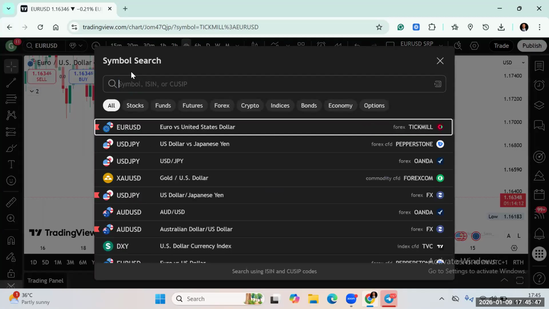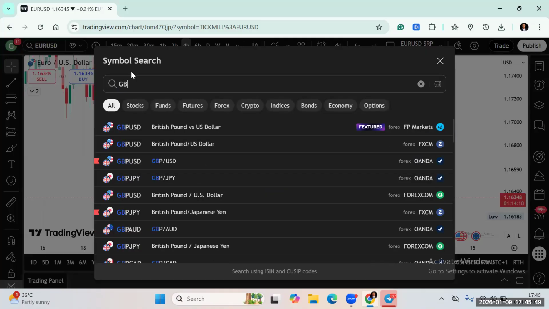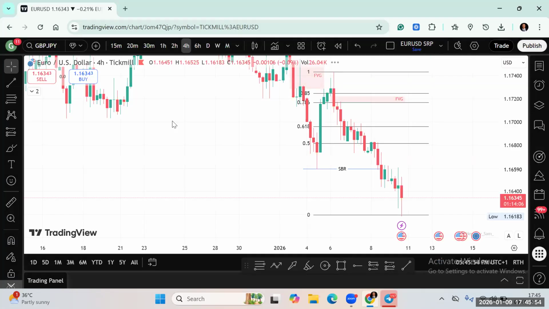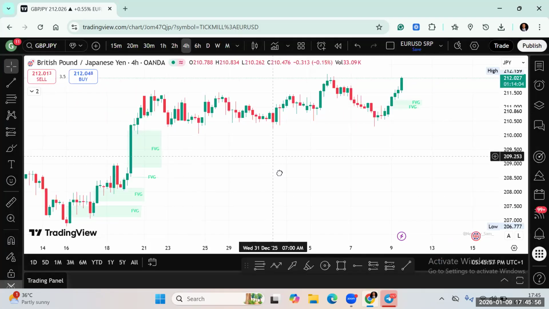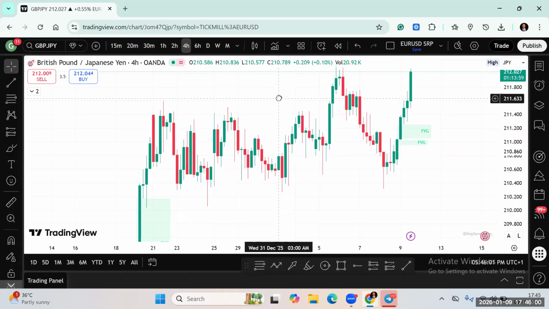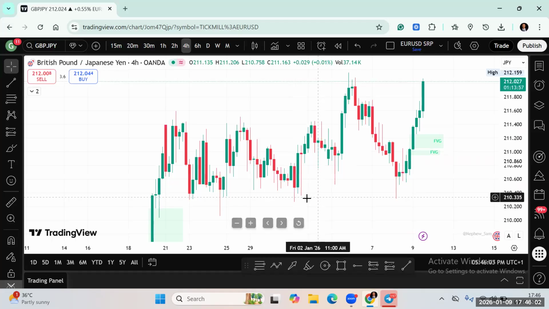Then the last one I want to look at is GBP JPY. Let's look at it. So he did this sweep. He used this as an inducement.